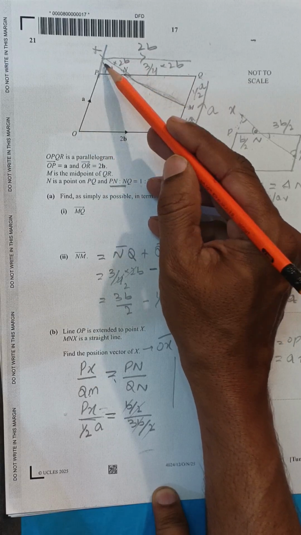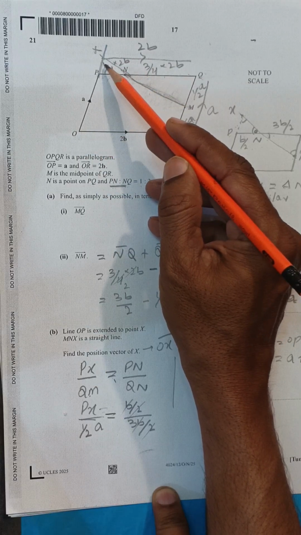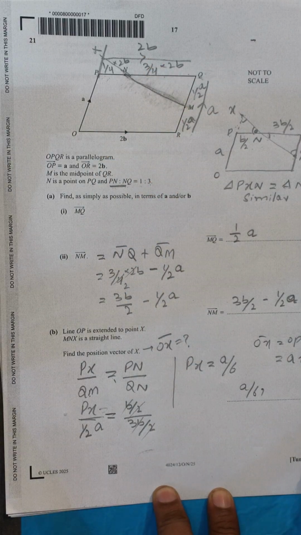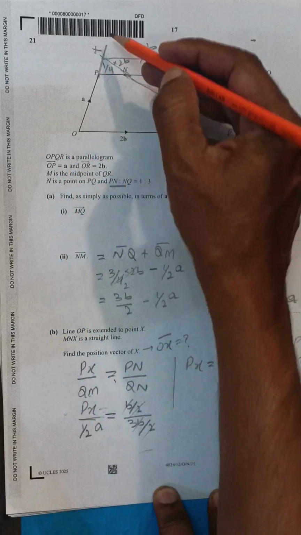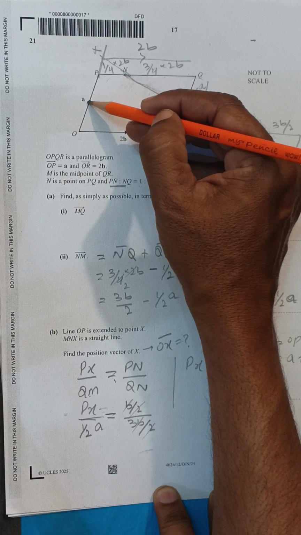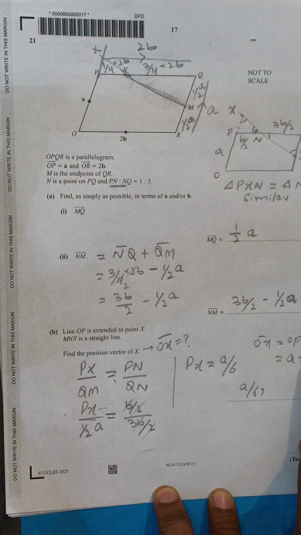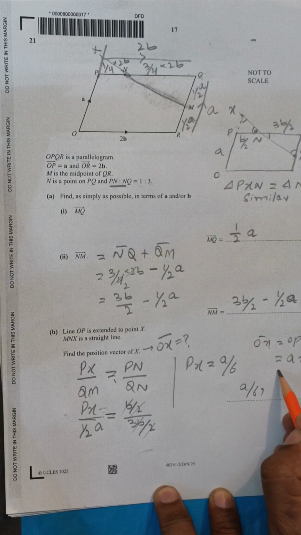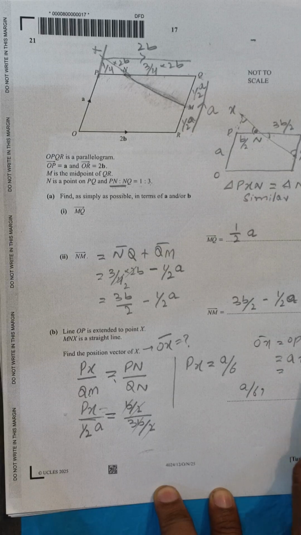So OX is divided into two lengths: OP, and PX which you have found. So you can calculate the total length: OX is equal to this one plus this one. So now a plus a over 6 is equal to 7a over 6. So 7a over 6. Okay, now question number 22.